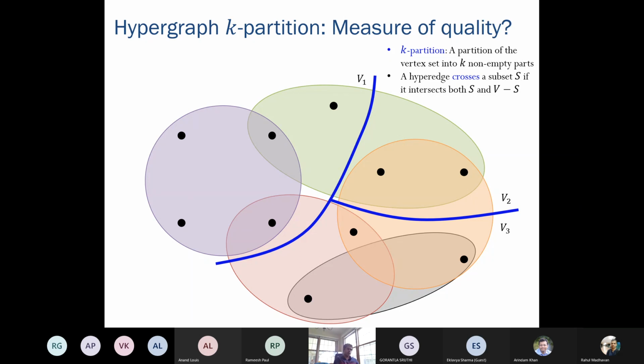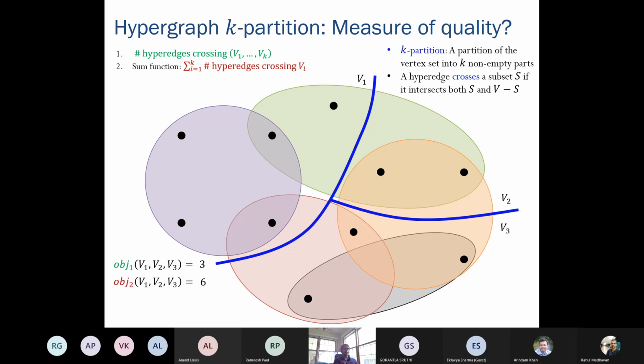Now, with this terminology, there are several natural ways to measure the quality of a K partition. For example, we could measure the quality of a K partition by the number of hyperedges crossing the K partition. In this example, the number of hyperedges crossing this 3 partition V1, V2, V3 is 3. Or we could measure the quality by the sum of the number of hyperedges crossing the K parts.